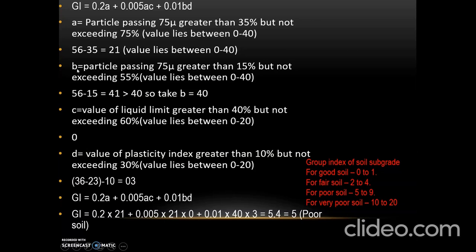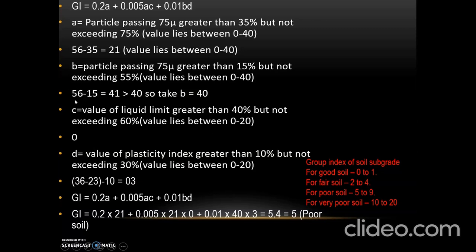Similarly, we will have to find the value of B. B is nothing but percentage of particle passing 75 micron greater than 15% but not exceeding 55%, and this value should lie within 0 to 40. The formula available to find B is F minus 15.